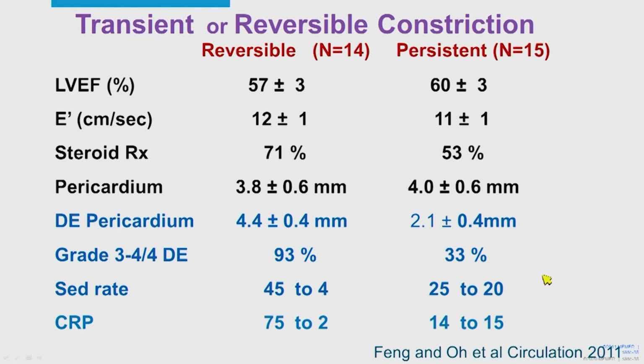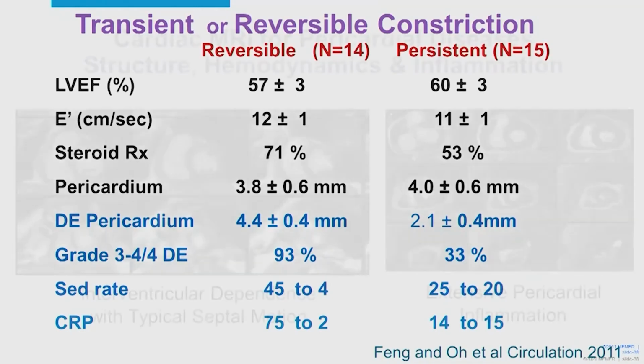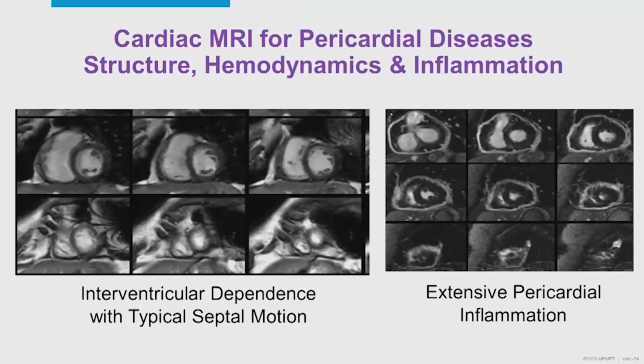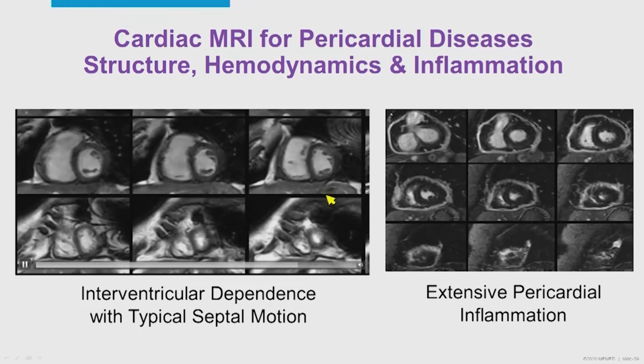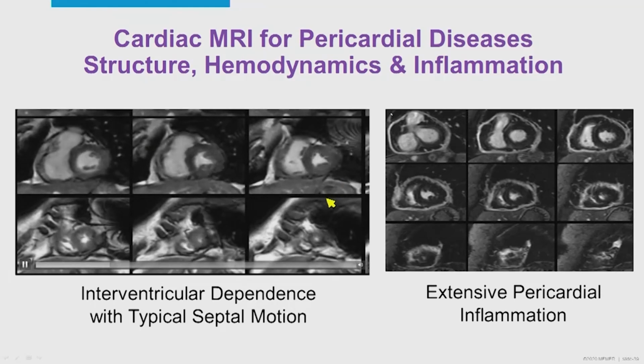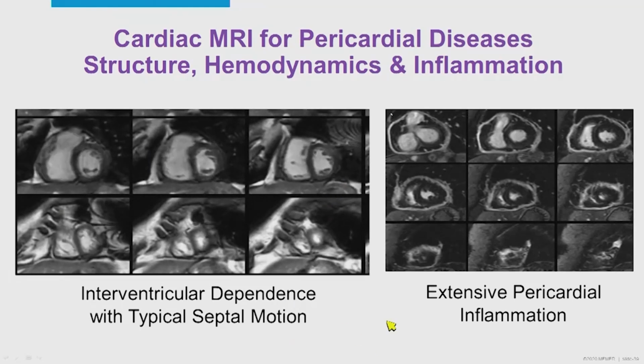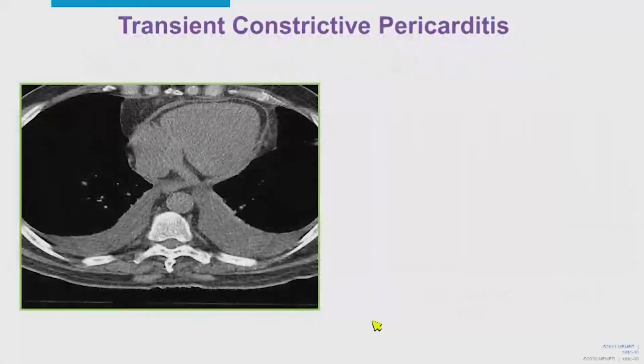So we usually do a cardiac MRI for these patients, not just for the diagnosis of constriction, but for looking at the reversibility of constrictive pericarditis. Again, we look at the pericardial inflammation, and also at septal motion change, as you can see by echocardiography also. So this is the role of cardiac MRI.